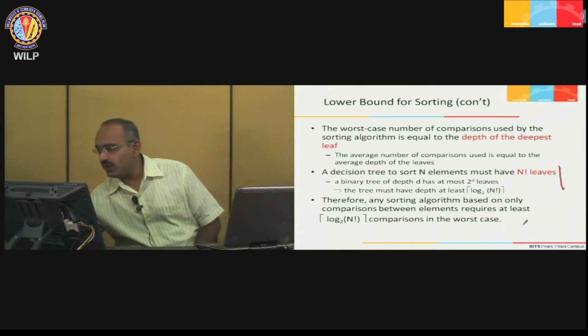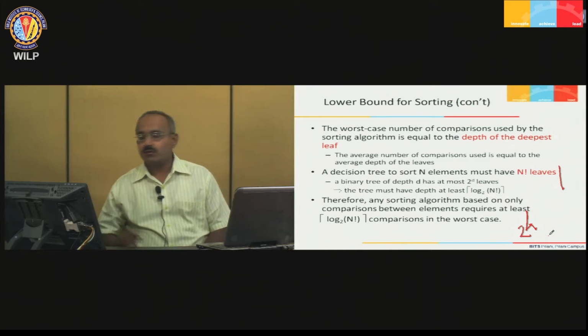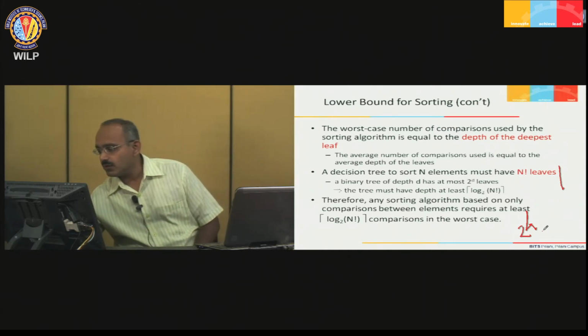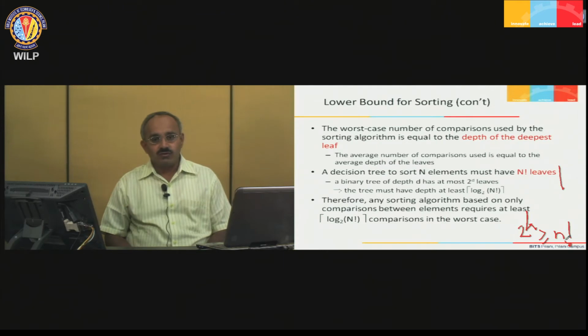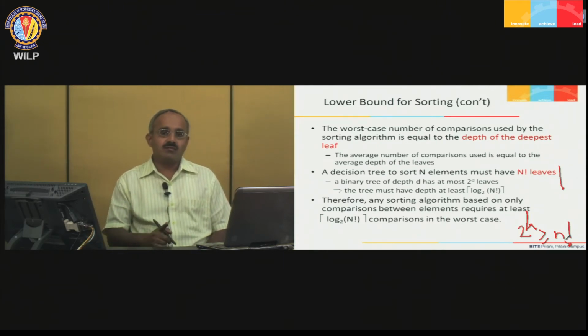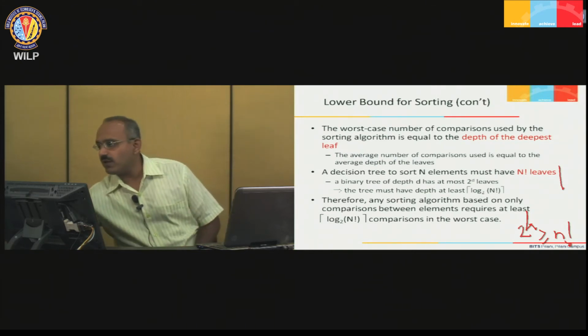What I know is that 2 power d, or 2 power h, should be at least n factorial, right. So, you should have n factorial leaves, and the maximum possible leaves at height h are 2 power h. That gives us the inequality that 2 power h has to be bigger than or equal to n factorial.